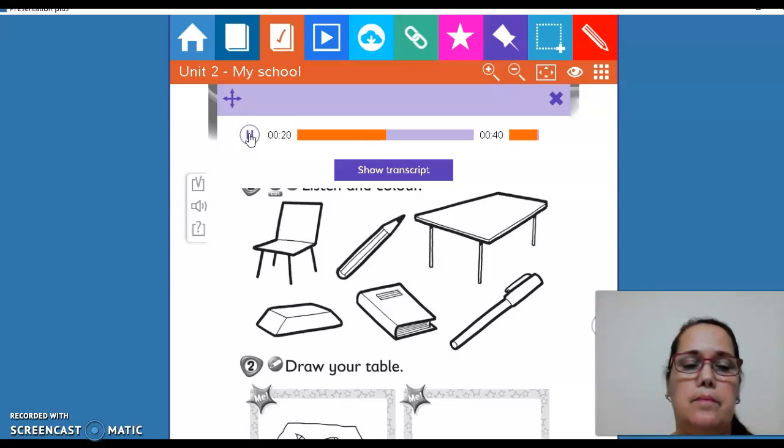The eraser is pink. The pen is blue. The book is green. The pencil is yellow.